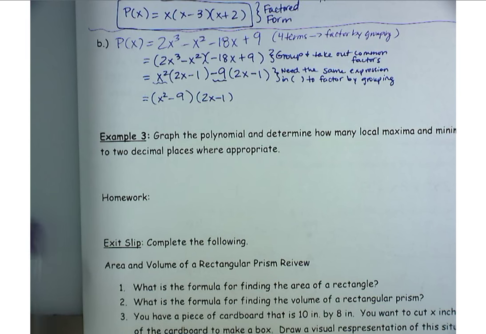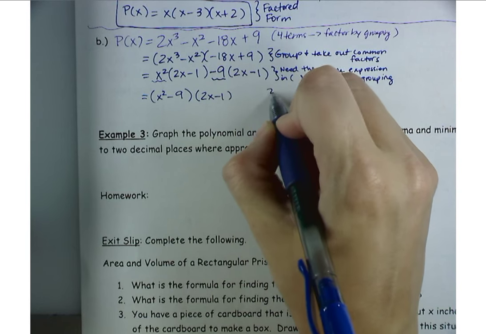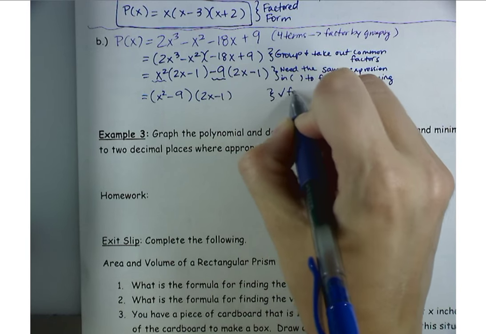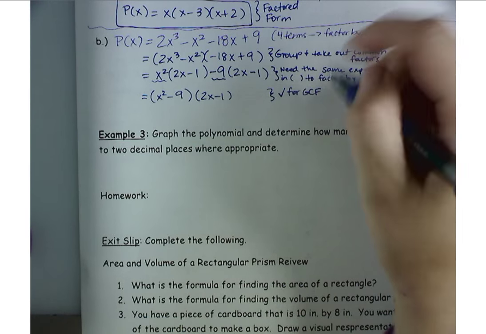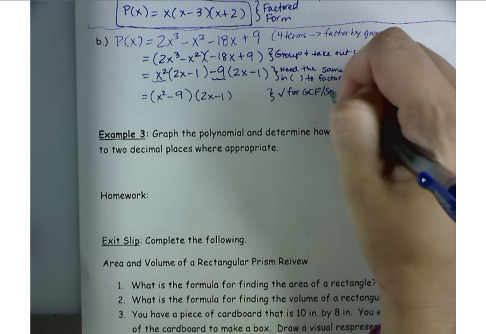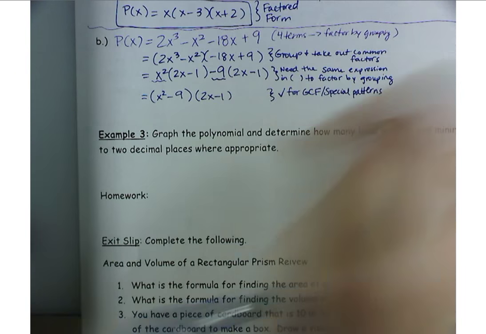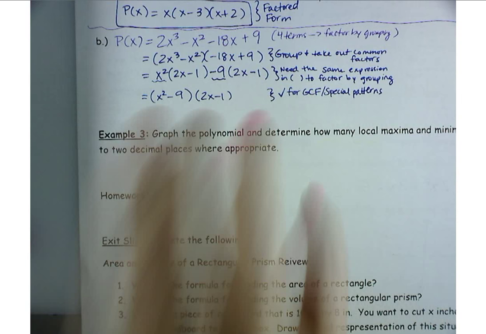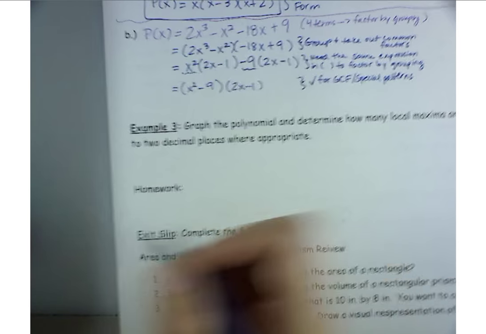Now the last thing that you want to do is, again, check for any greatest common factors, make sure you didn't miss any, and special patterns. So can I factor this down any further? Hannah, what do you notice?